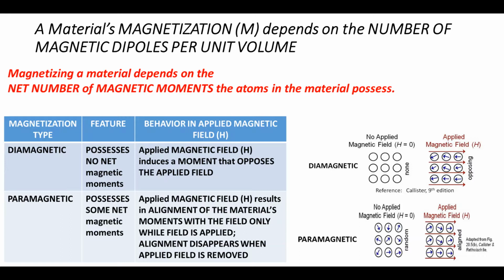In contrast, paramagnetic and ferromagnetic materials are attracted by a magnetic field. Diamagnetism is a quantum mechanical effect that occurs in all materials. However, when it is the only contribution to the magnetism, the material is called diamagnetic.